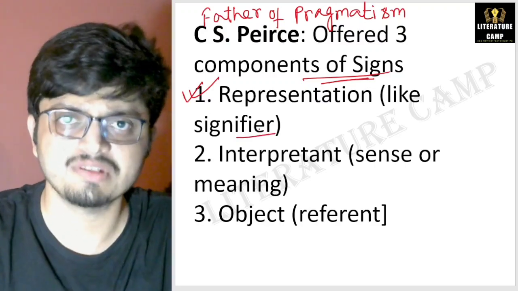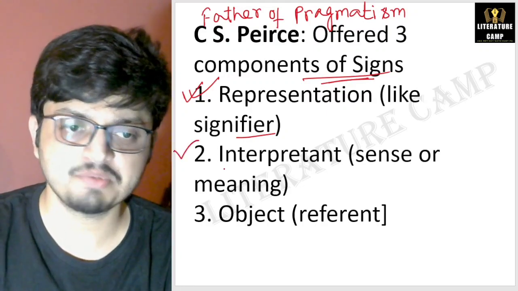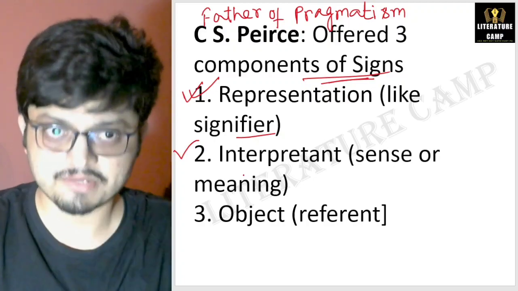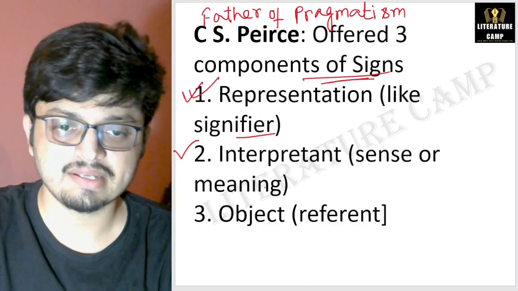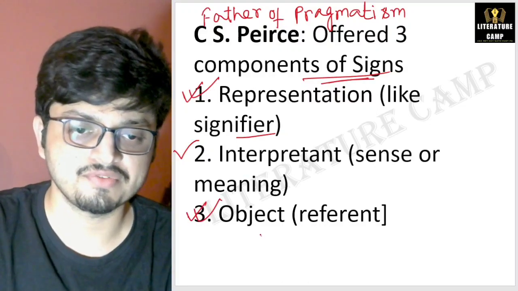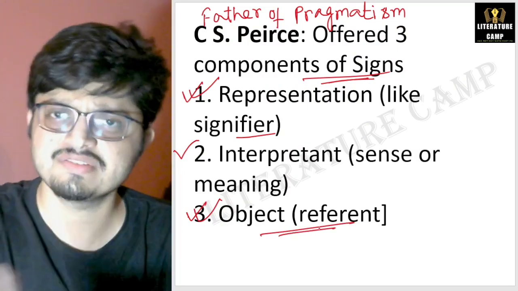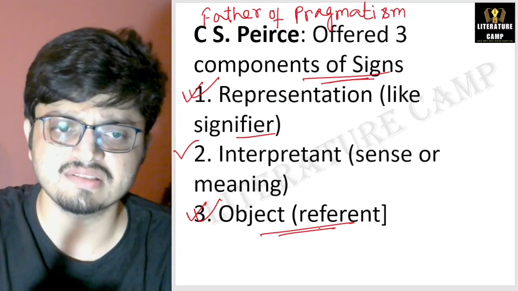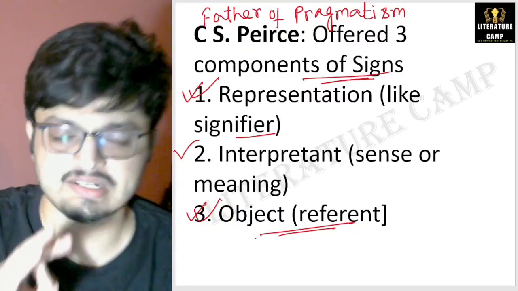It means the form or the sound or the word, right? Second, the interpretant, the sense or the meaning of the word or the sound, which according to Saussure is signified, right? And thirdly, object or reference. So this question also can be asked in assertion and reasoning part.